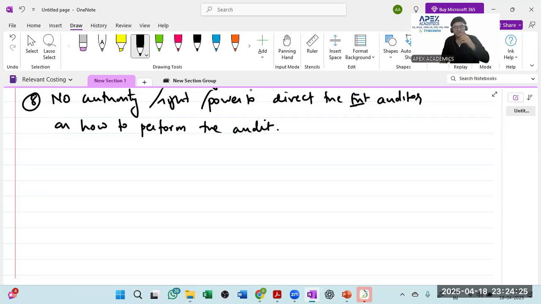They have no right to do this. That is the auditor's lookout. Only the auditor will do so.